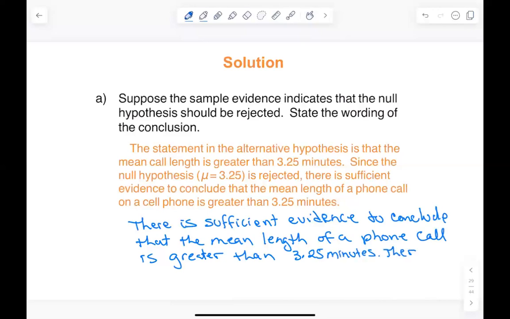Therefore, we reject the null hypothesis. This is probably how I would answer it.